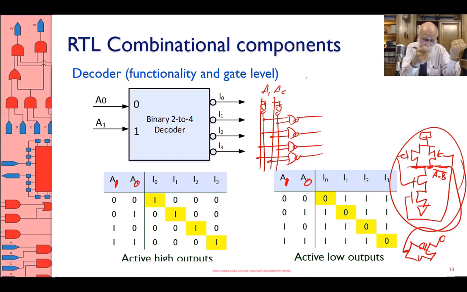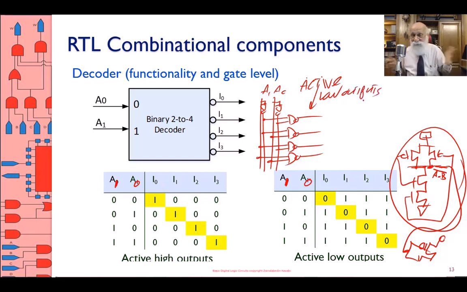So what do I do? I say, well, this is good as is, except that my outputs are active low outputs. Okay, active low outputs. That's all there is to it. Don't say it's active high output. It's like a switch.